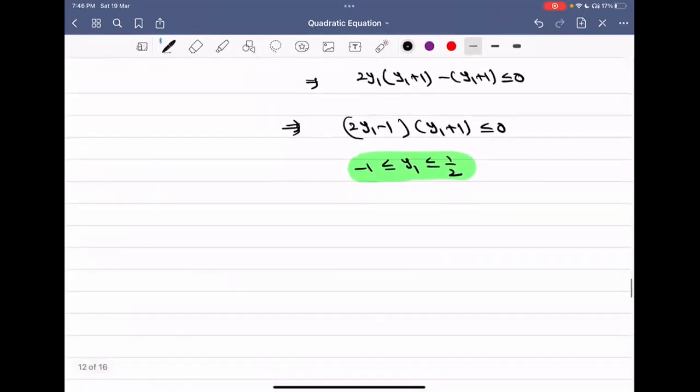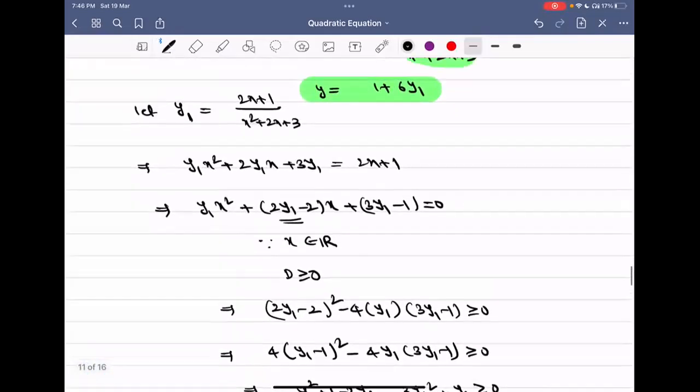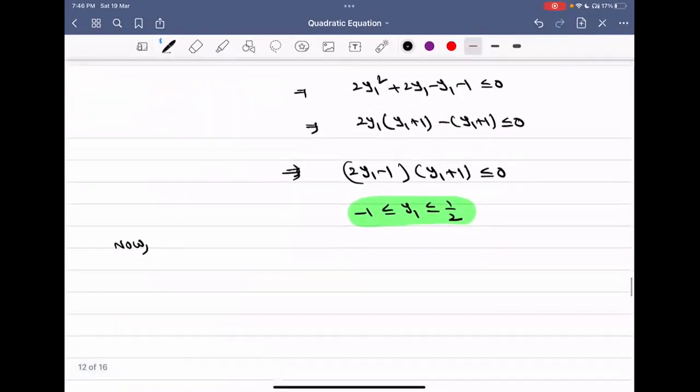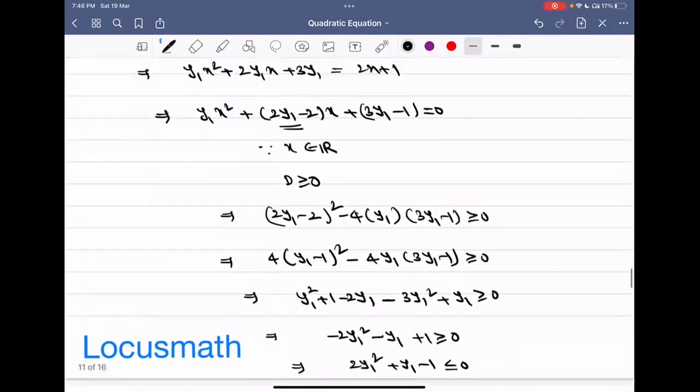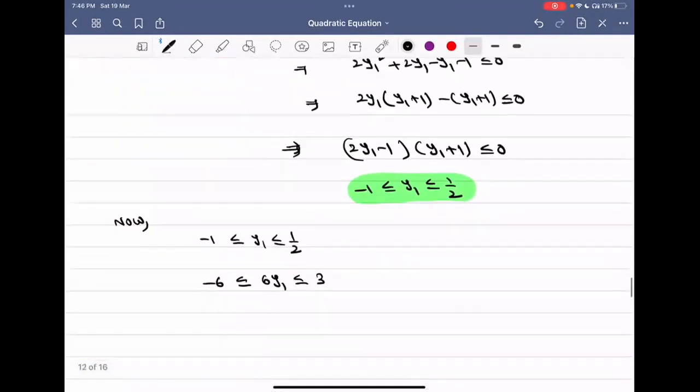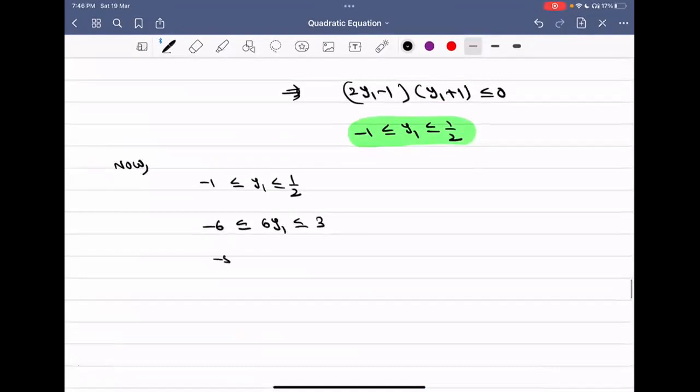So now, 6y1. First 6y1 కావాలంటే ఏం చేయాలి? Since minus 1 is less than or equal to y1 is less than or equal to 1 by 2, 6y1 రావాలంటే ఏంటి? Multiply throughout with 6. Multiplying an inequality by a positive number doesn't change it. So this becomes minus 6 is less than or equal to 6y1 is less than or equal to 3. Now 6y1, ఇంకేం కావాలి? 1 యాడ్ చేయాలి. 1 plus 6y1 is our y. 1 యాడ్ చేస్తే అవుతుంది minus 5 is less than or equal to 1 plus 6y1 is less than or equal to 4.